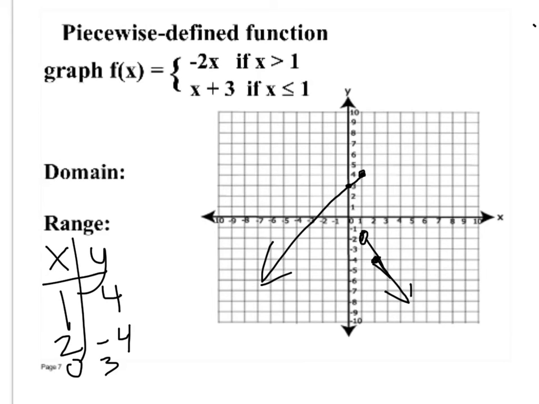So this is what a piecewise function looks like. Because if I put 1.1 in for x, which one do I do? Negative 2x or x plus 3? Negative 2x because 1.1 is bigger than 1, right? Well, what's negative 2 times 1.1?